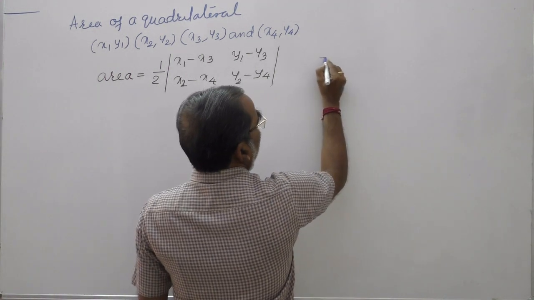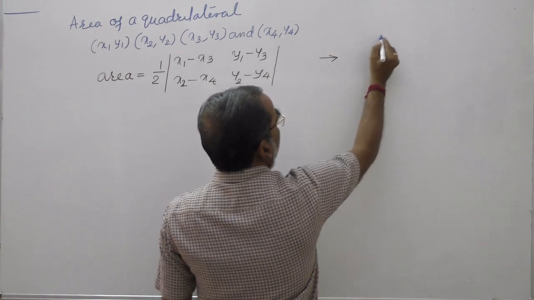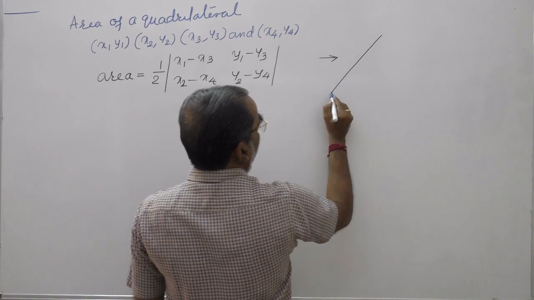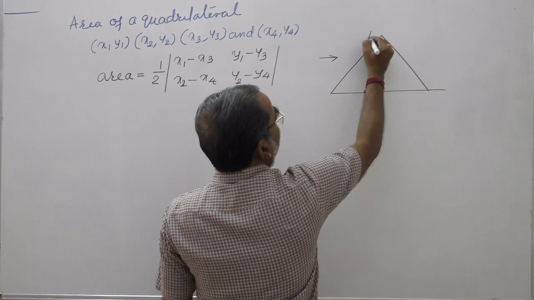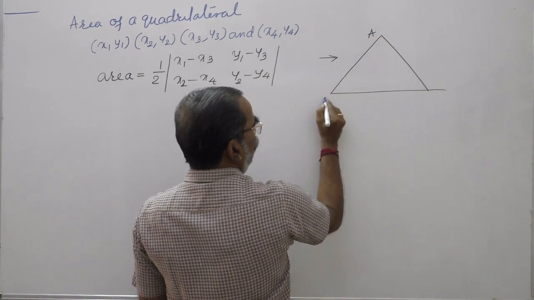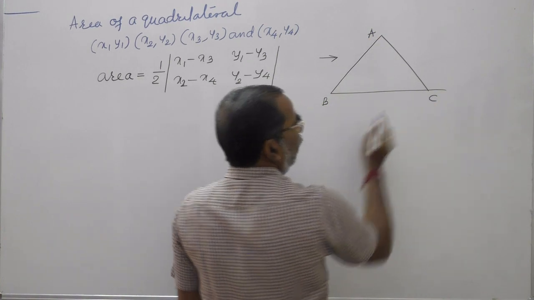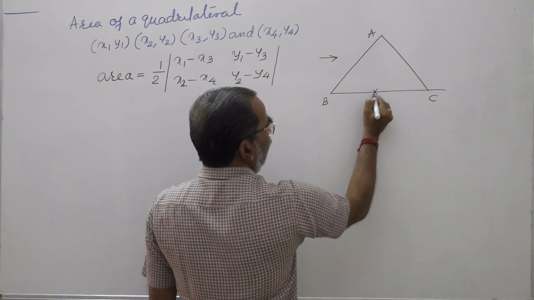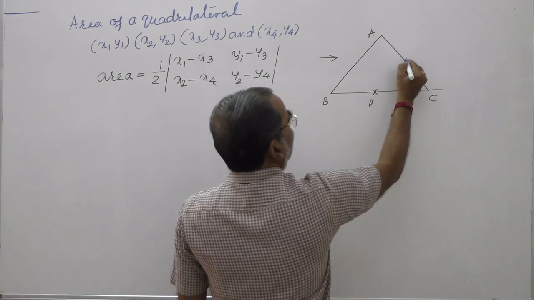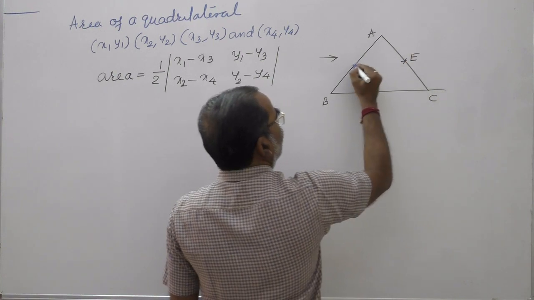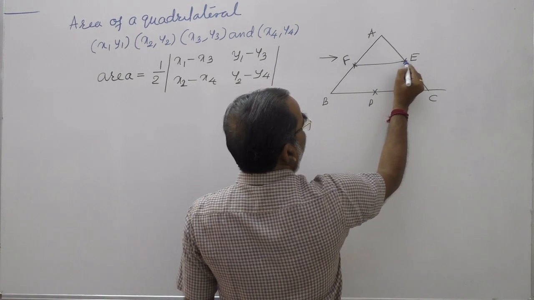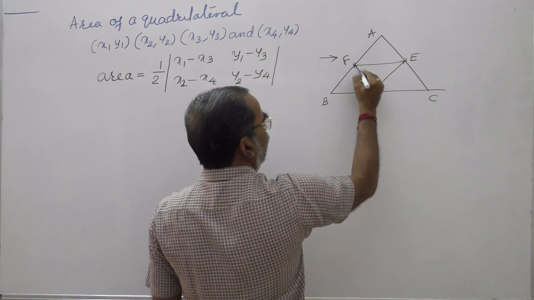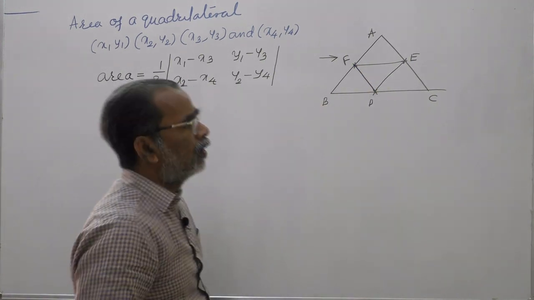Coming to this, just now we have seen the area of a triangle. Say this is a triangle ABC. Its area can be calculated. Say here D, E, F are the midpoints of the sides of the triangle.